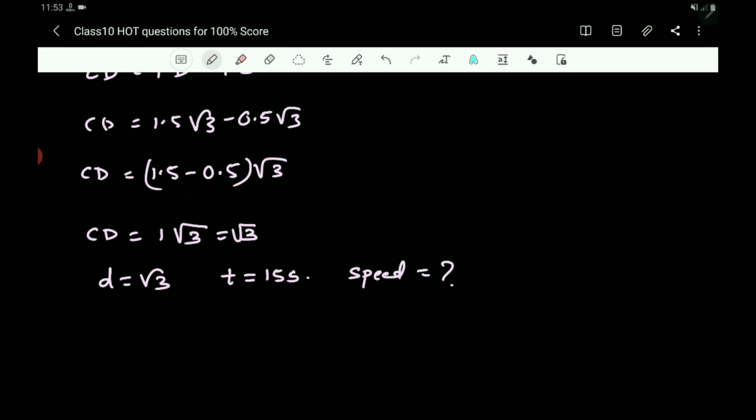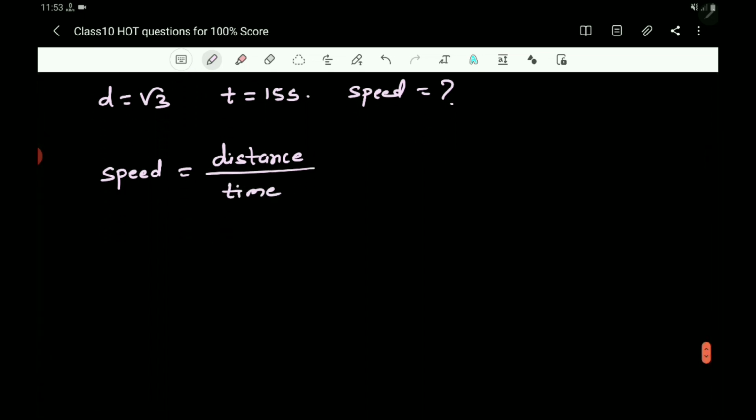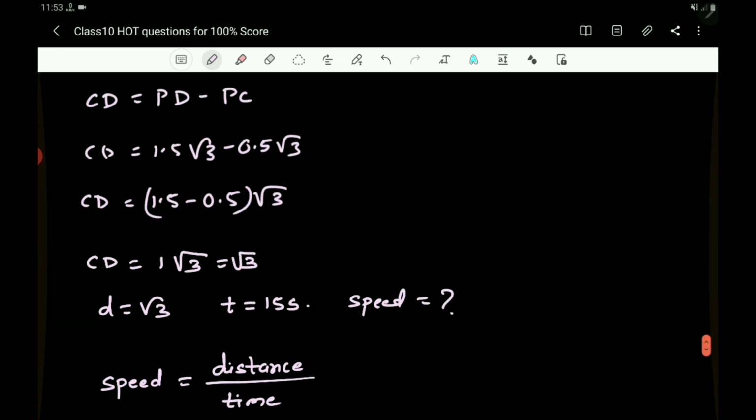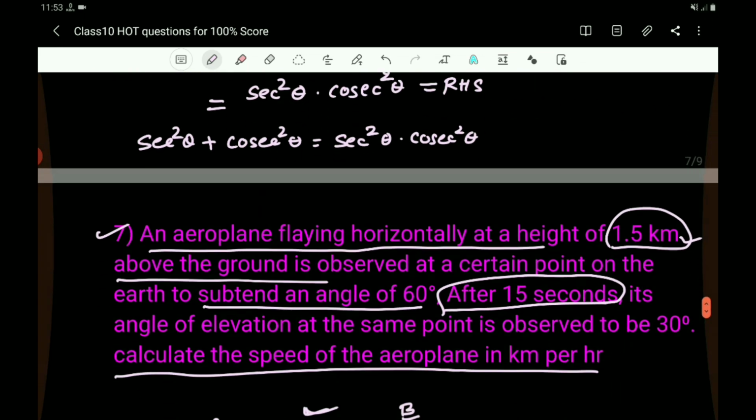Speed equals question mark. So speed equals distance by time. Distance is root 3 by 15 seconds.